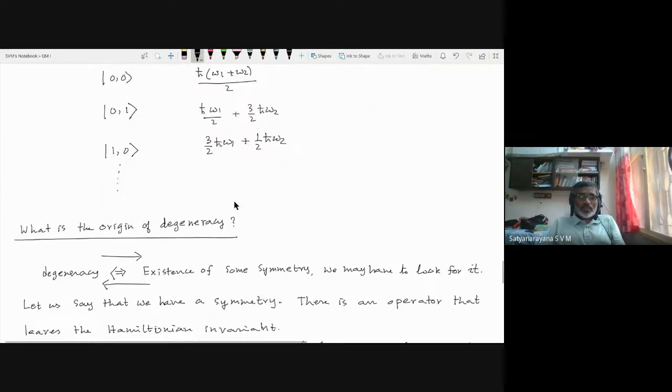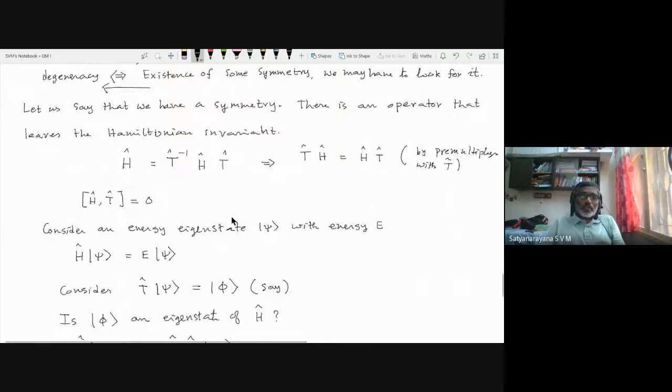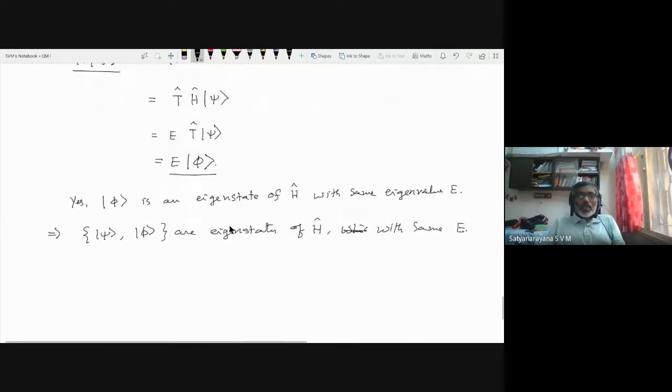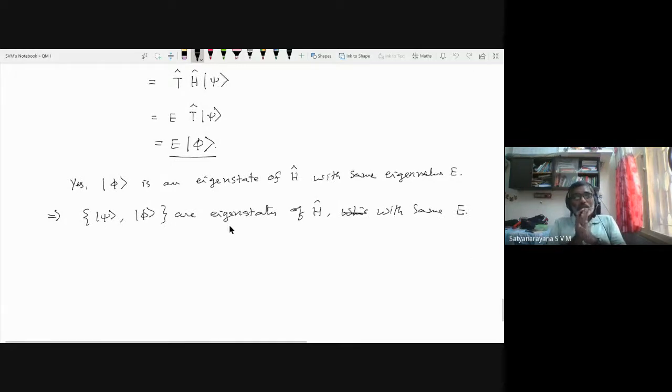So there is some symmetry. For example, in the isotropic cases that we have talked about, x going to y is basically some kind of a rotation by 90 degrees of your coordinate system. Under that symmetry operation, your Hamiltonian does not change.